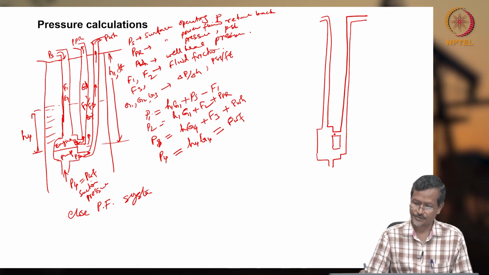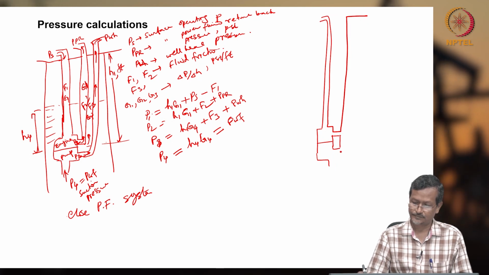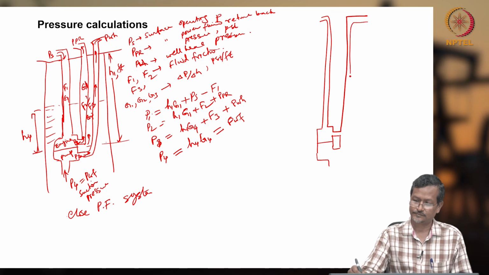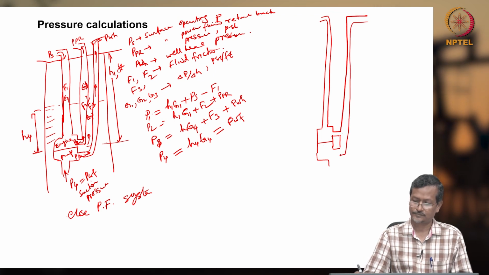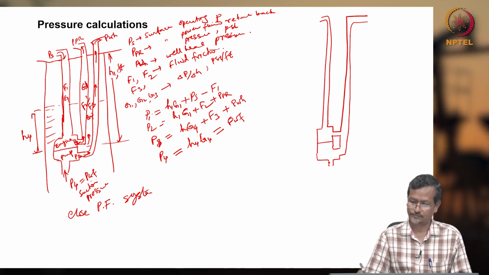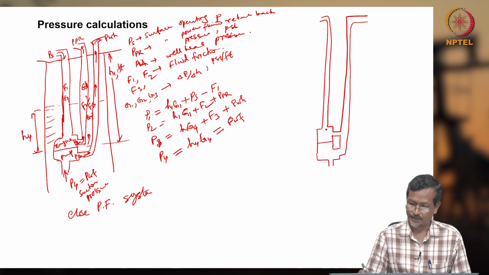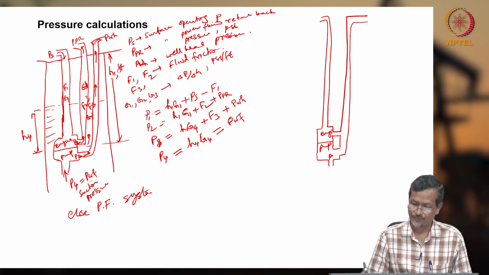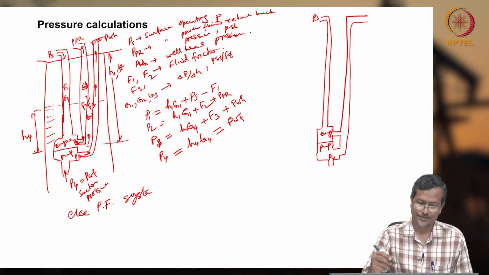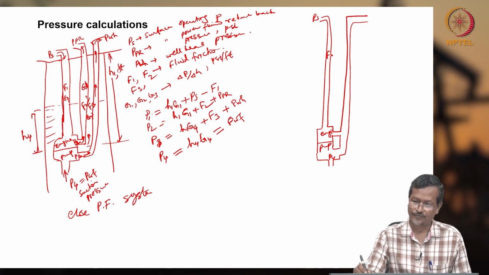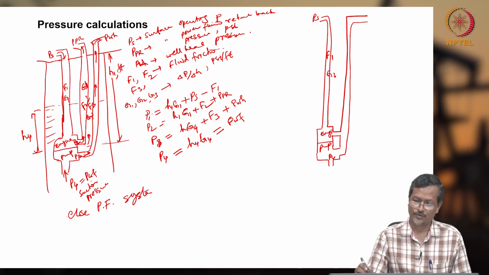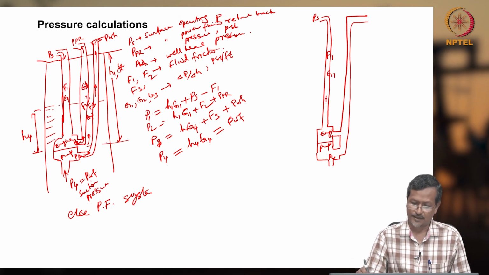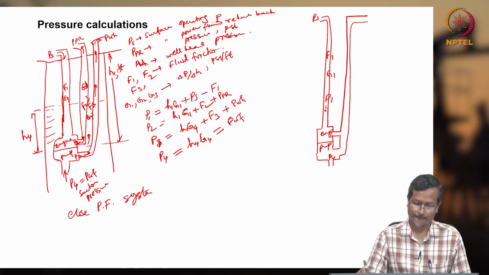Engine is here. So this is the engine, this is the pump, this is P4, and the suction pressure is the same, and the friction force we are assuming same, G1 we are assuming same, and P1 is acting here.